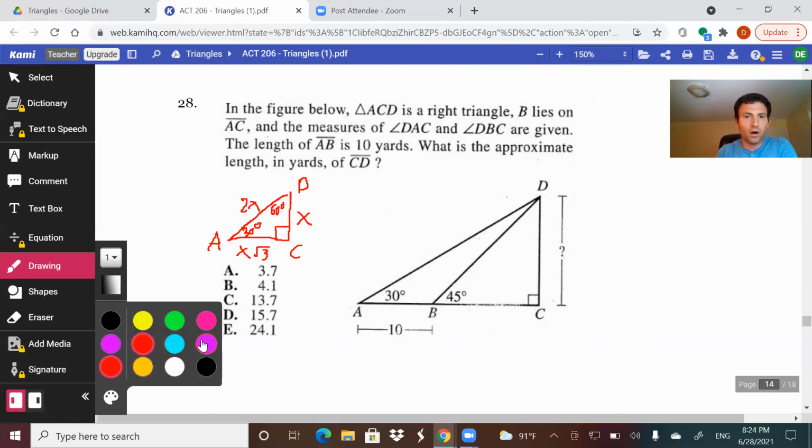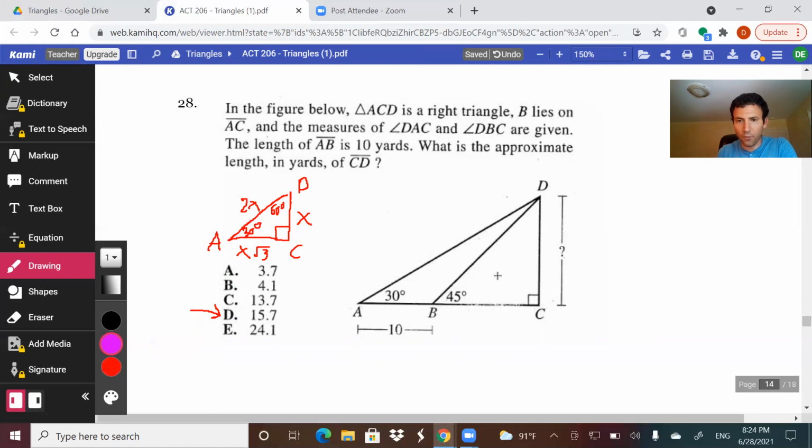And then also, on a 45-45-90, maybe I'll draw that one right here. So 45, 45, 90. We have x, so our base angles, and x root 2. Okay, so I'll show you how we can put that to work and why we do need to know that for this problem.